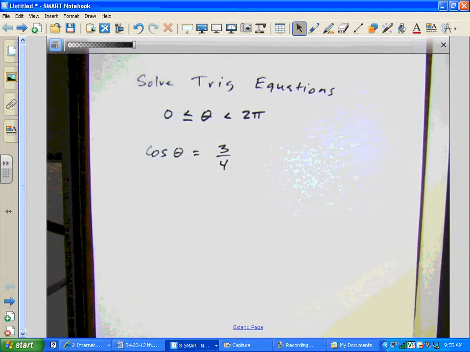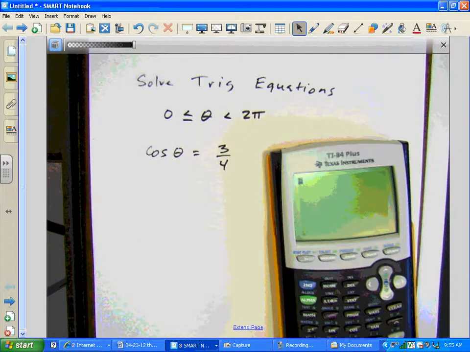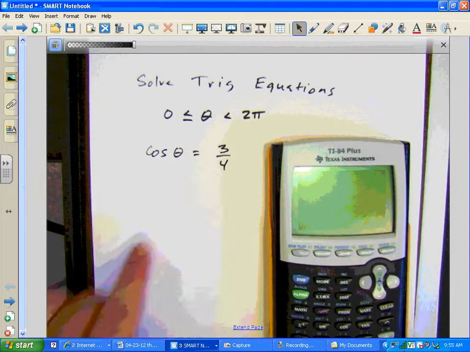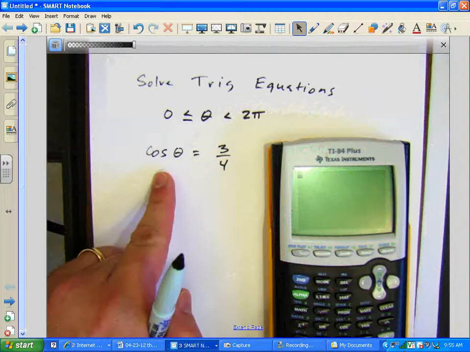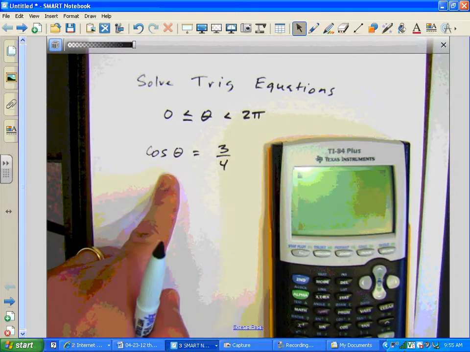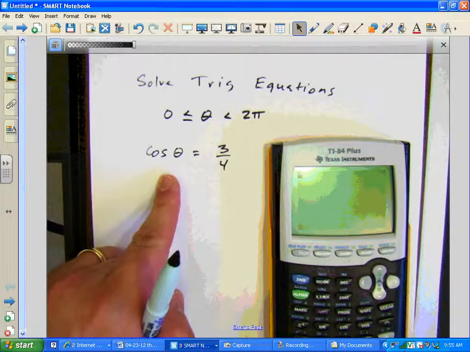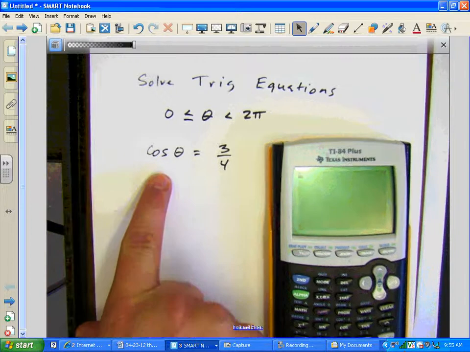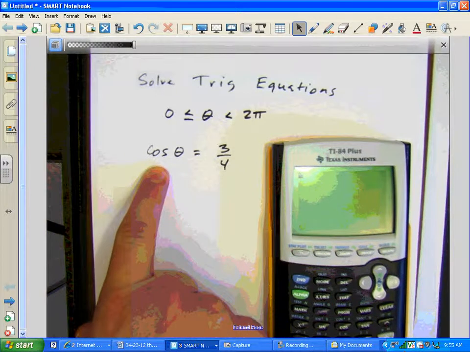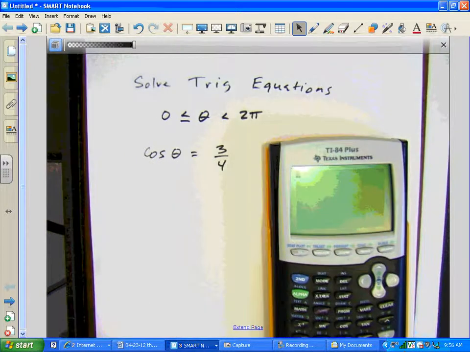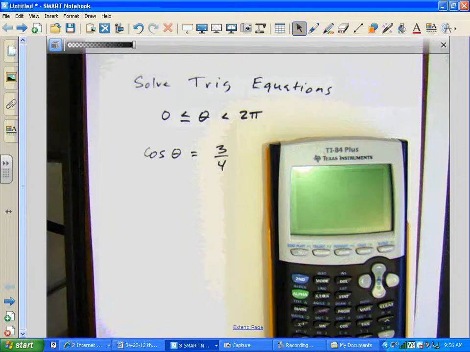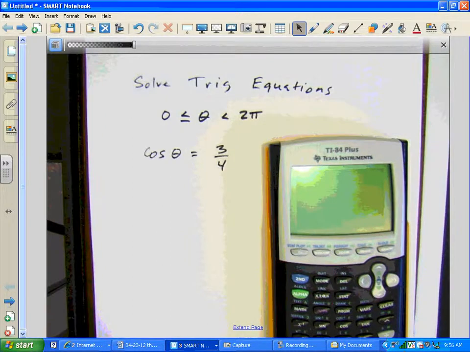Now, let's see if you guys can help me on the calculator part. This is the easy part. What do we actually punch in the calculator to get the answer to this? How do we undo the cosine on both sides? The inverse. The inverse is the same difference as dividing by cosine.